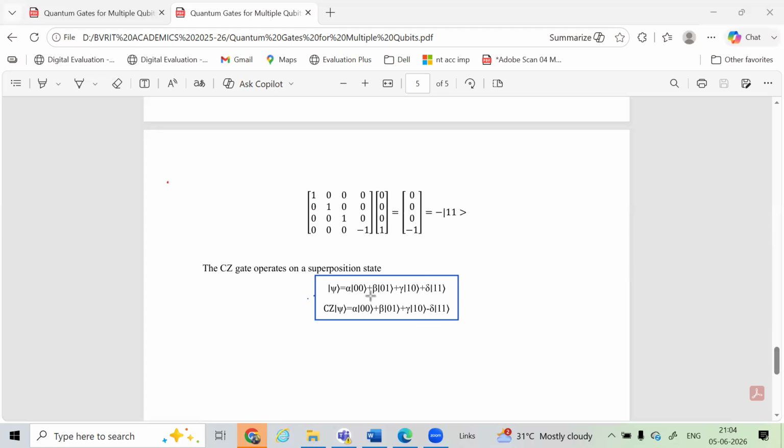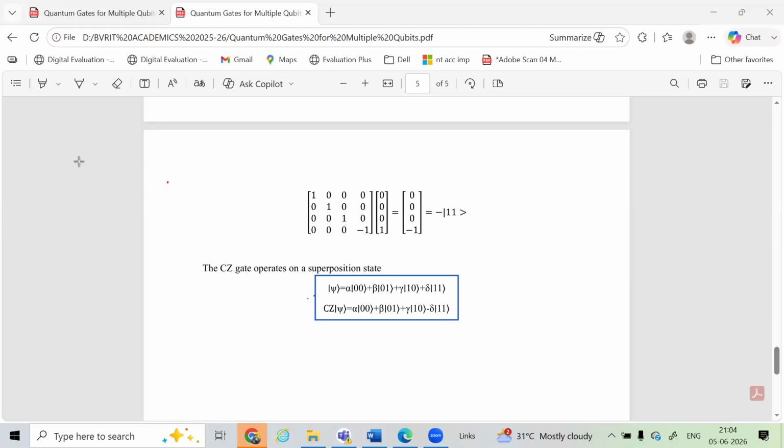Once the CZ gate operates, it only changes the 1 1 component with a phase change, without changing the state. So the plus delta changes to minus delta, because the 1 1 state becomes minus 1 1. That is enough.